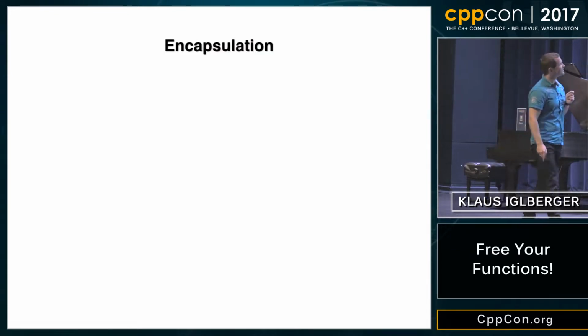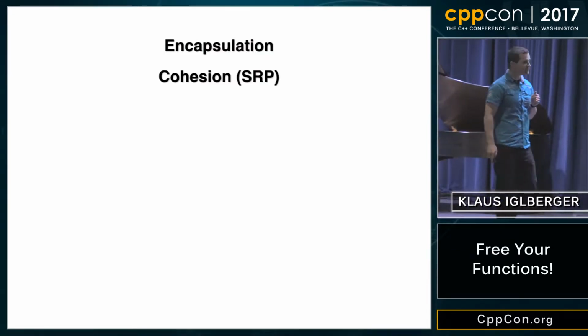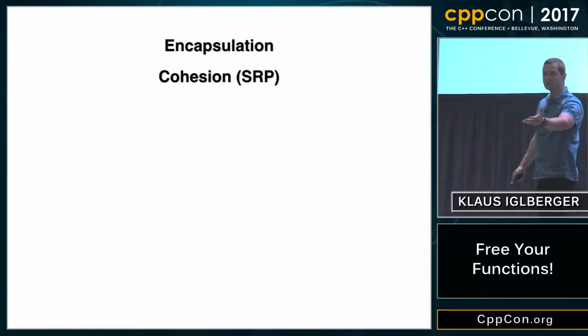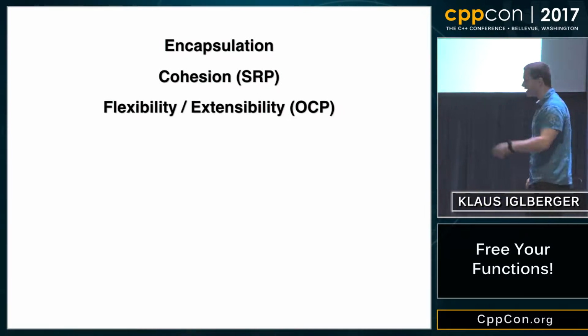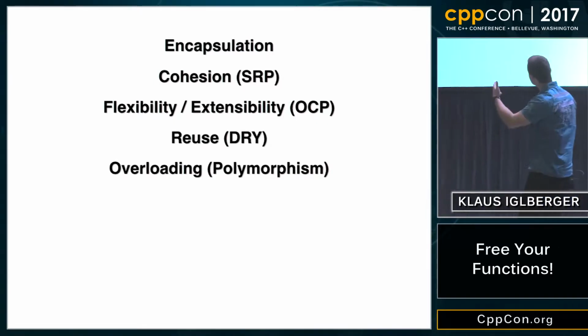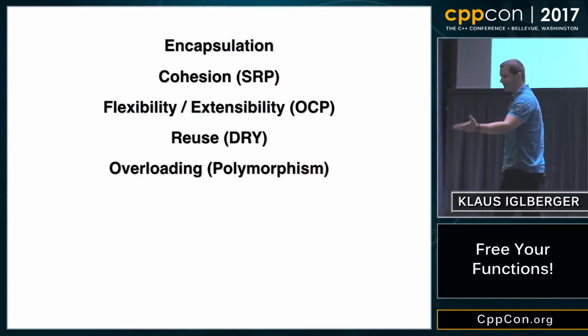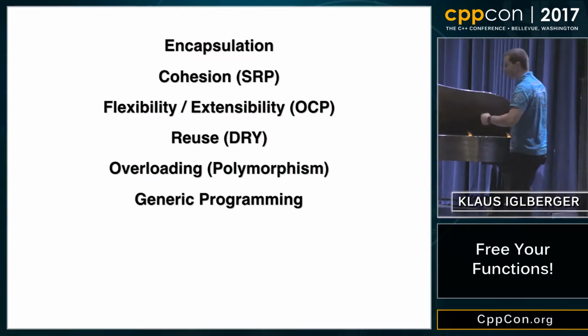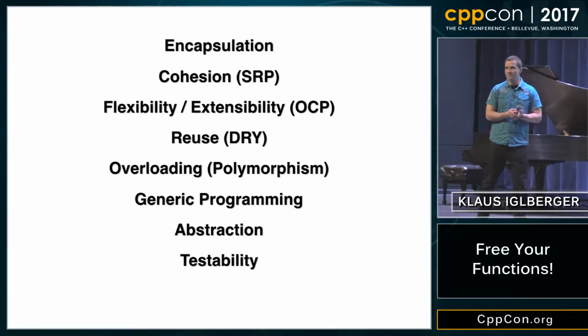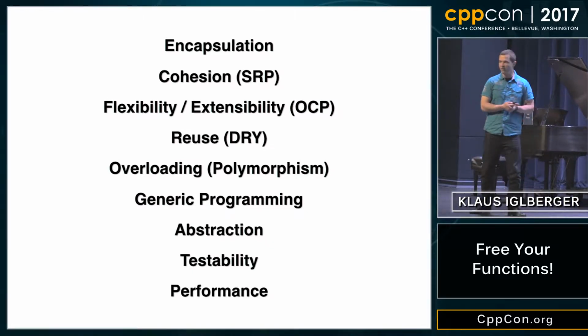So let's take a look again at a pretty extensive list of arguments. Encapsulation, the single responsibility principle, cohesion, flexibility, extensibility, reuse, so reusability, static polymorphism, generic programming, abstraction, testability, performance.